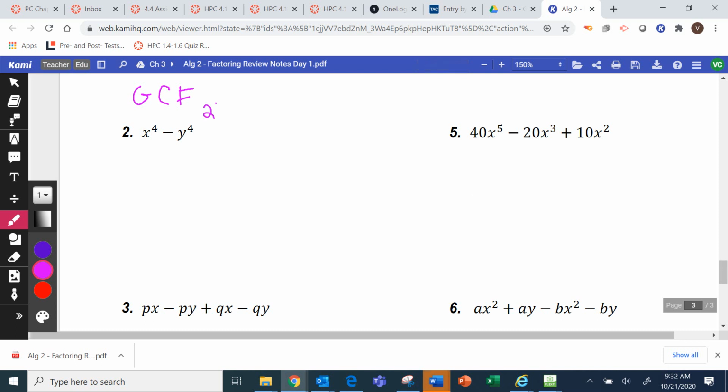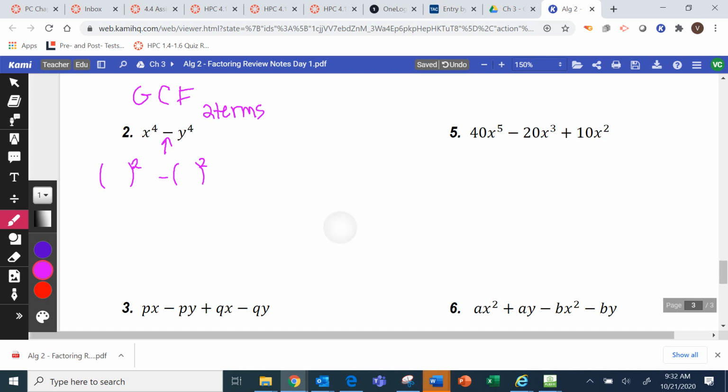And when we have 2 terms, we're looking at difference of squares. So we say, is it subtraction? Can we write this as something squared minus something squared? You're saying no. Did you change your mind, or are you saying no? Okay.